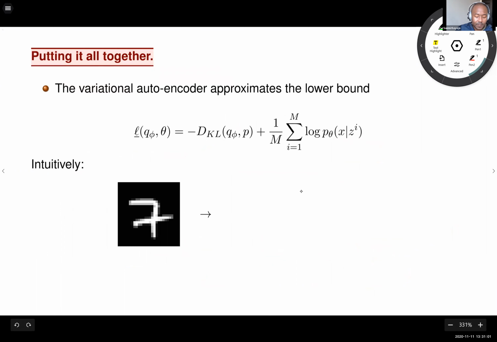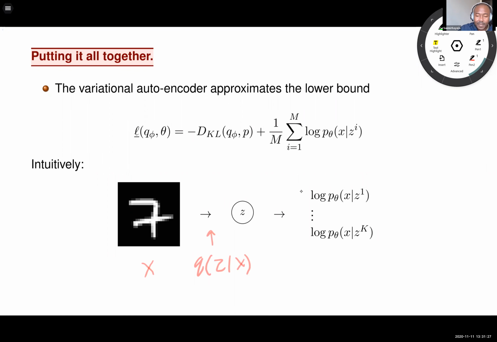Okay, so we've mostly solved our problem, not completely, but we're partway there. You can think about this as: I'm going to get real data, which is my X. I'm going to push it through this function here, which is Q of Z given X, and then it gives me samples of Z. I'm going to push that back through and get this log density, P of X given Z, and end up back in X space.